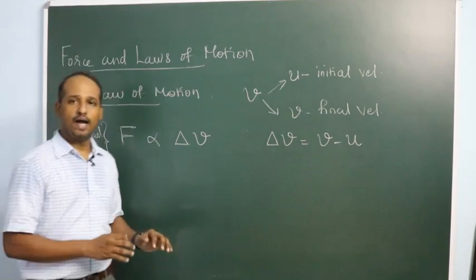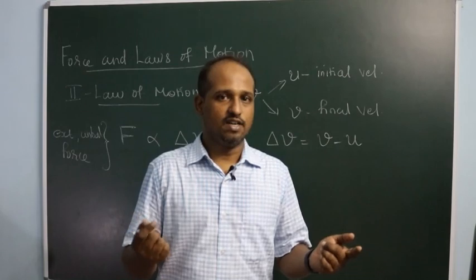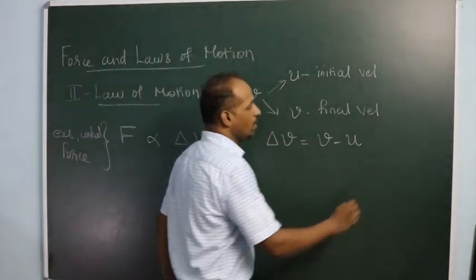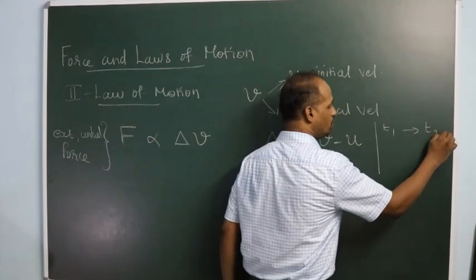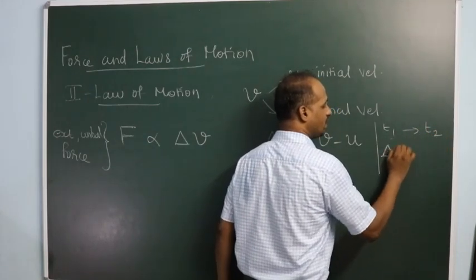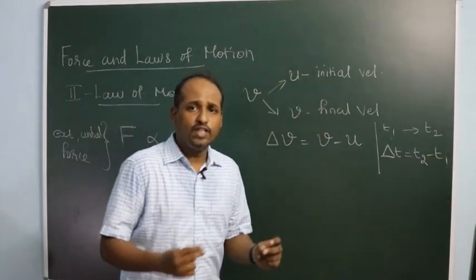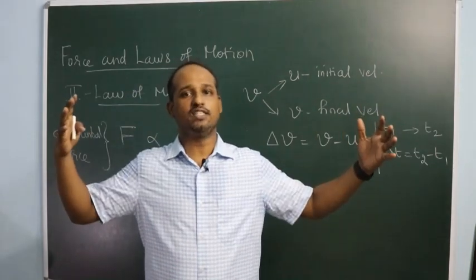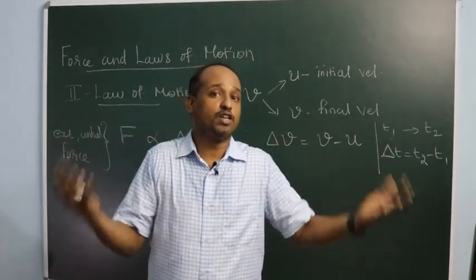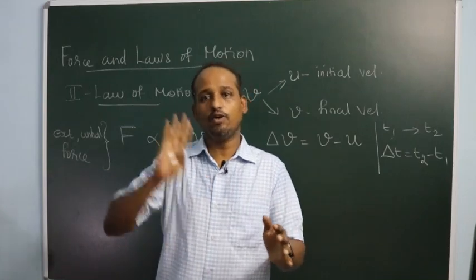If you want more change in velocity, you need more force. And if you want to change the velocity quickly, consider the time interval: you are at time t1 and within time t2, so the time interval delta t is equal to t2 minus t1. Within a small time interval, if you need a large change in velocity, then you need an enormous amount of force. You want to quickly change the velocity, you need greater force.